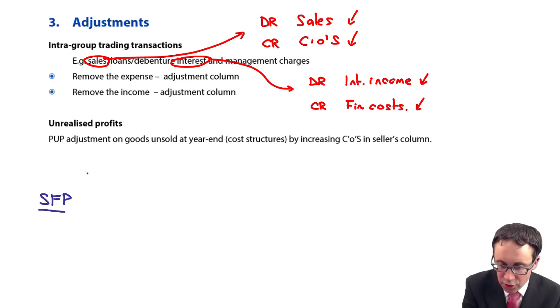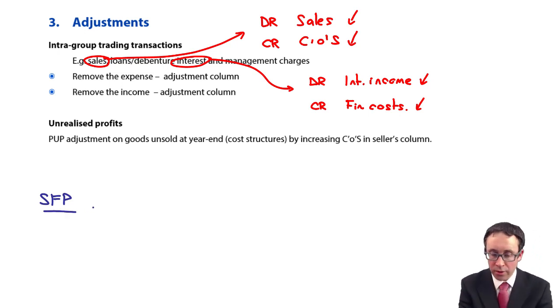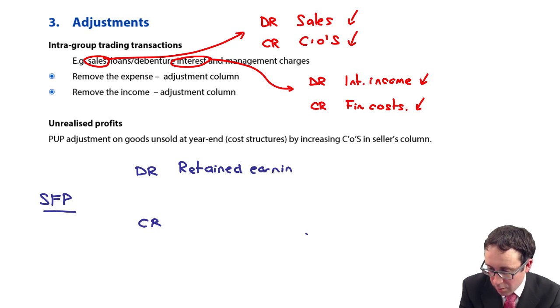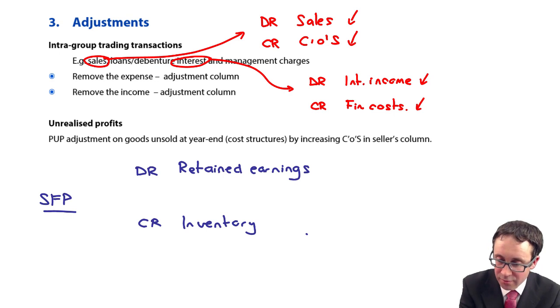when we were adjusting for those unrealised profits on goods that were unsold at the end of the year, is that we debited the retained earnings and we credited the inventory, didn't we?